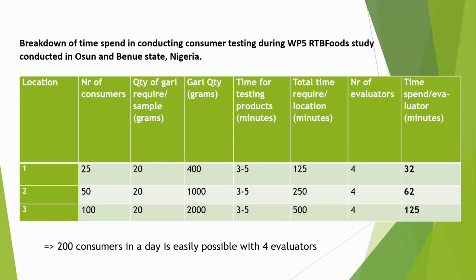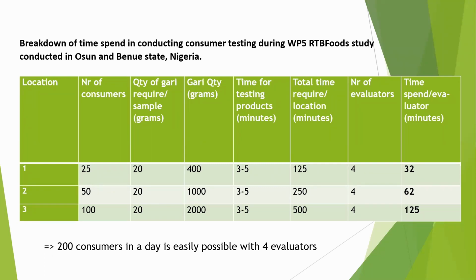So this is a sample of the number of samples we did. From there, we started with a very low number of consumers and discovered that each consumer spent 3 to 5 minutes to complete the evaluation of the product. We have 4 evaluators, and we spend about 32 to 35 minutes to handle 25 consumers.